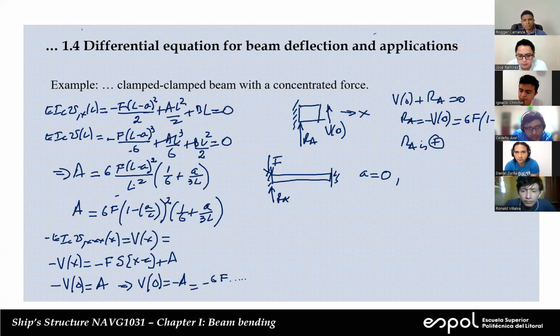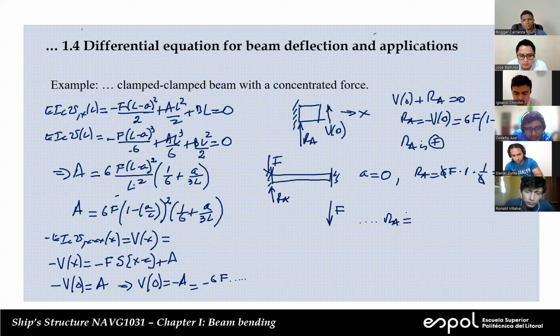If you replace a with 0 here, this is going to be 1/6, this is going to be 1, so RA would be 6F times 1 times 1/6. Makes sense? Question: what would be RA if you apply the force on the right end? 0.